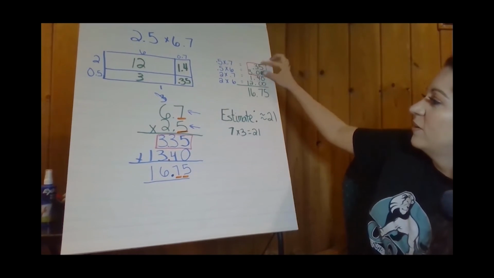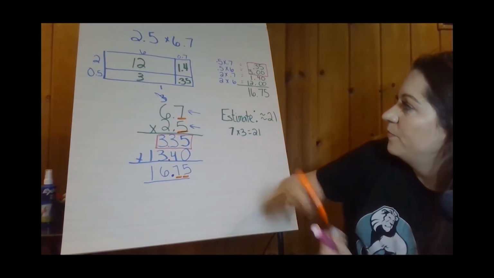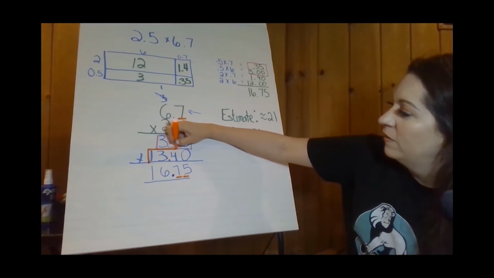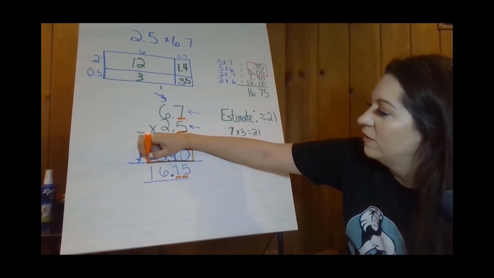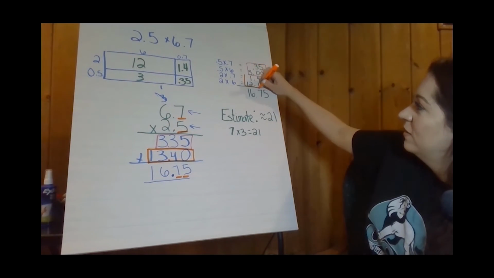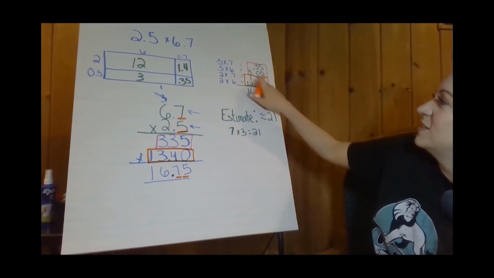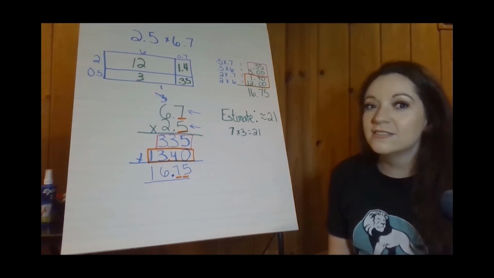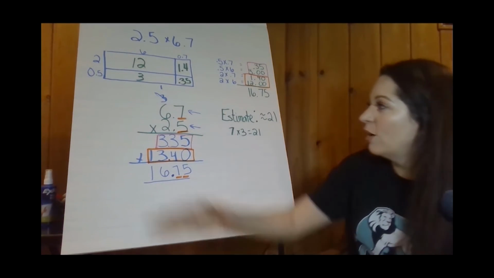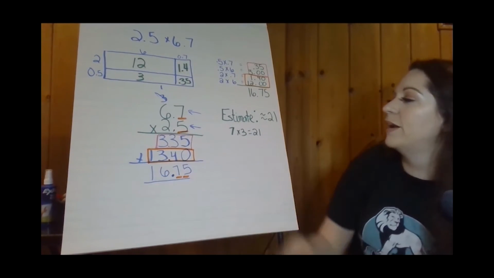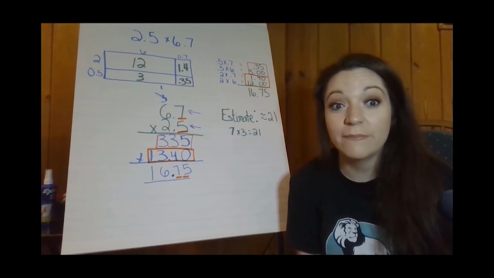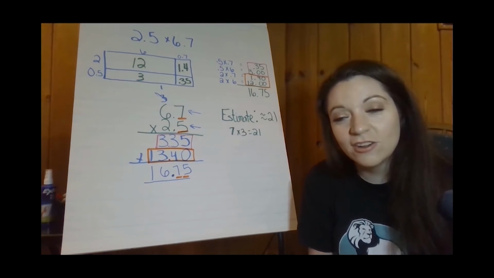Now what about this one? They're right here. 13 and 40 hundredths. Okay? Isn't it great how both of these work, and you can really compare them and see where you got those numbers from. Nice job working on the standard algorithm.